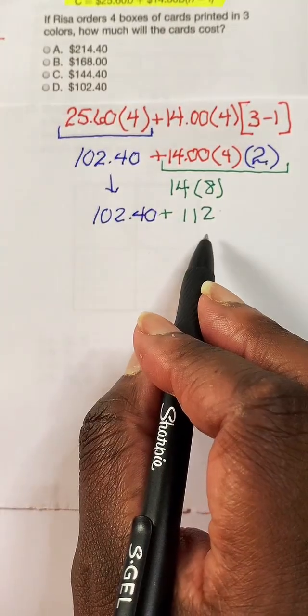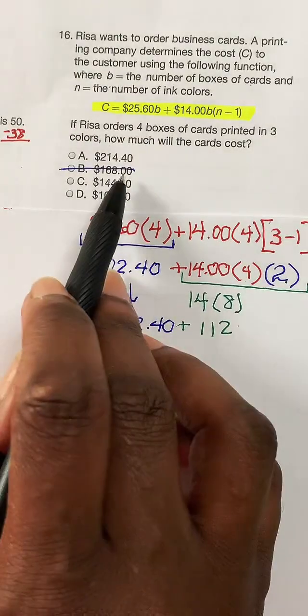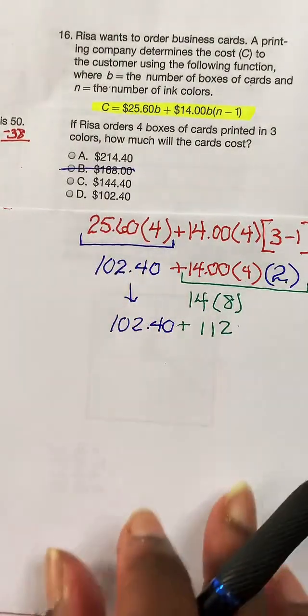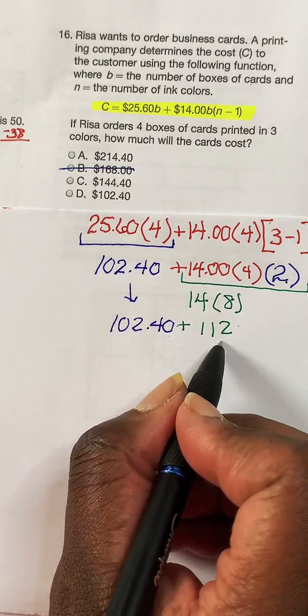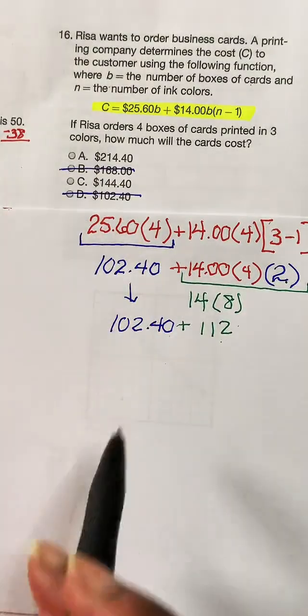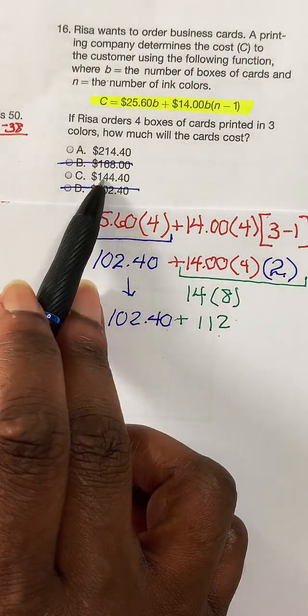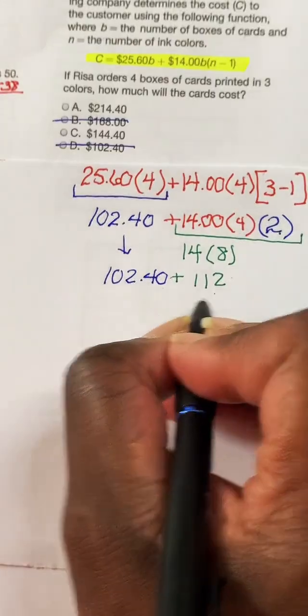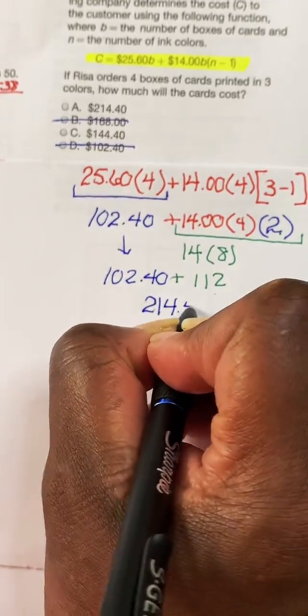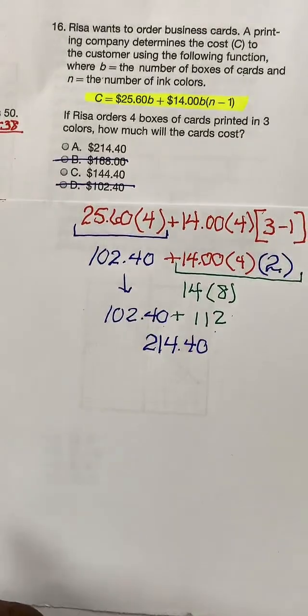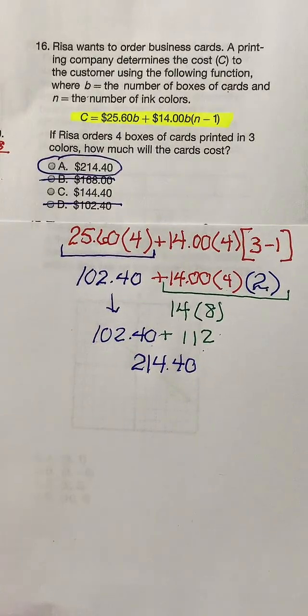Once I see that 40 cents, I know it's definitely not going to be B, because B didn't have the 40 cents, but the 40 cents kept repeating. I know it's not going to be 102 because I have to add my 112 to that, so it's not D. So it's either going to be A or C. Well, can I get 144 out of this? No. But I can get 214 out of it. So my answer for this is going to be A. All right.